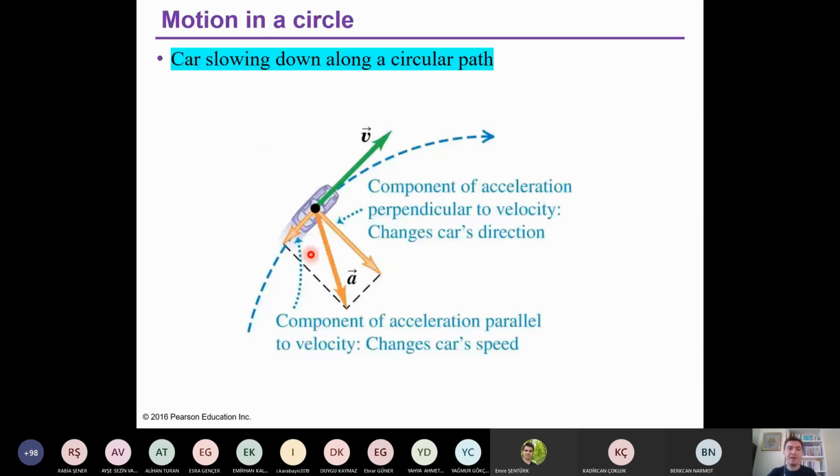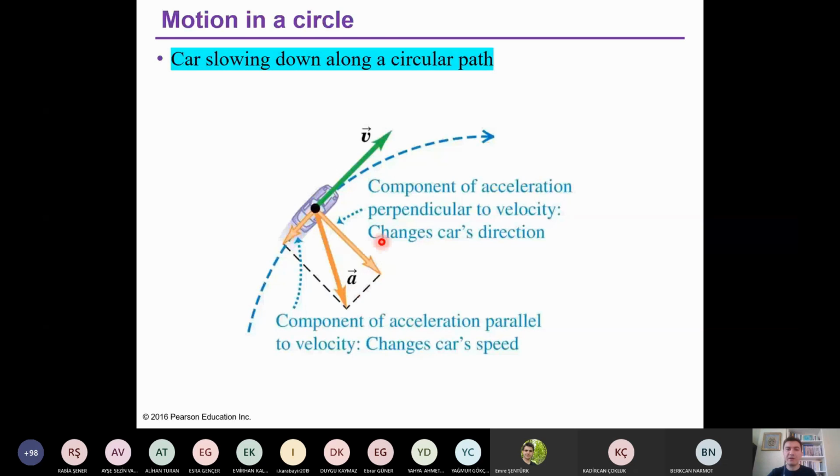Then let me continue with the car slowing down along a circular path. This is the direction of the car. It is going with some velocity, but it is slowing down. So then the acceleration direction is like this. It has two components.